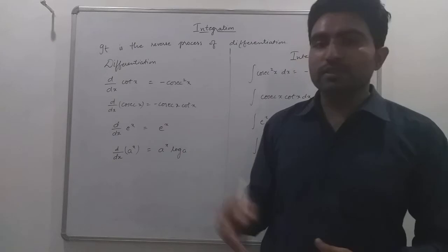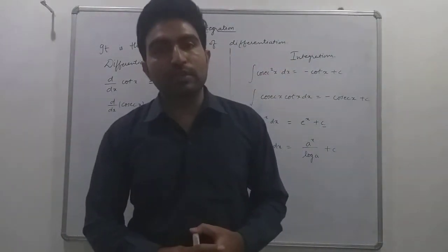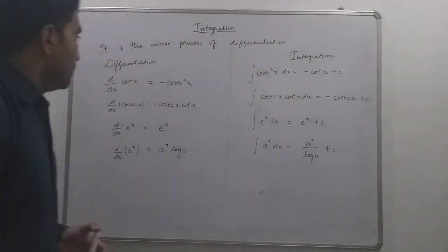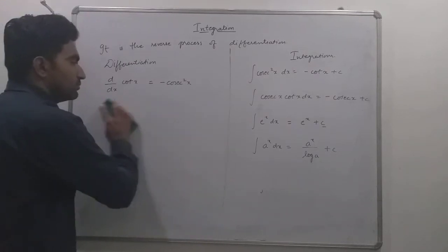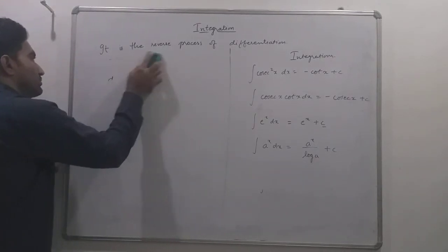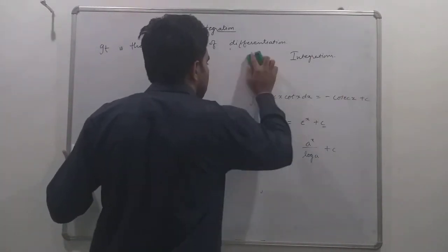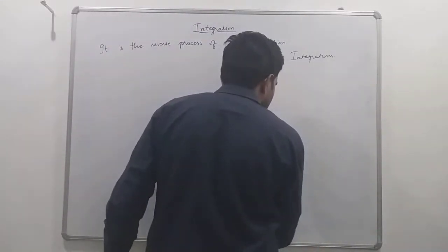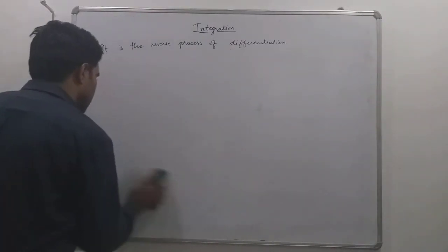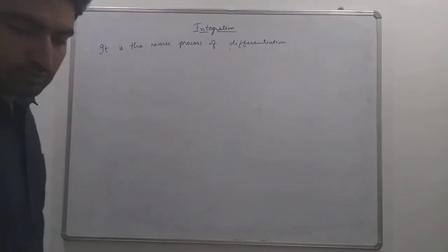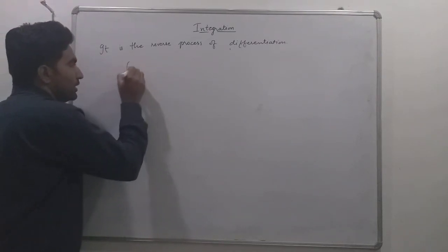I have written both simultaneously. Okay, hope you guys understand. Let's take some examples on the basis of these formulas. Suppose we have a polynomial and we have to integrate it.